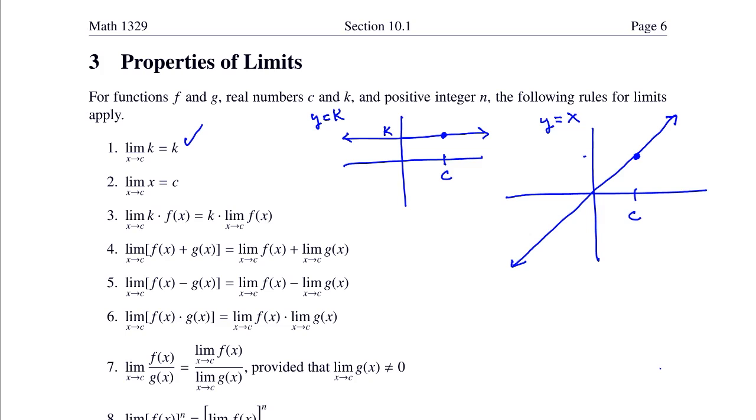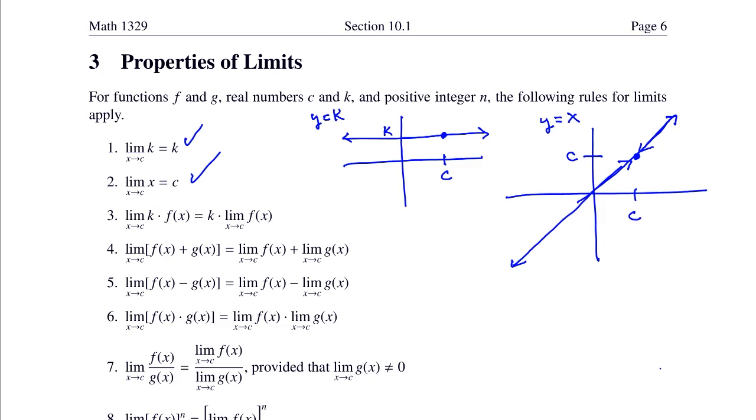What is the corresponding y coordinate for that point? Yeah, it's c, right? Because the graph is y equals x, and x is equal to c, so y is equal to c. When you do the limits, you're coming in from the right side, you're coming in from the left side, and then what y value do you approach coming in from left and right? c. So there it is.